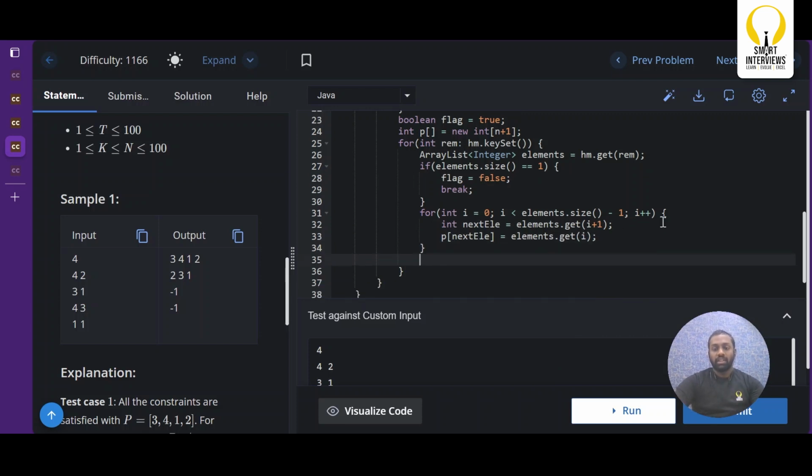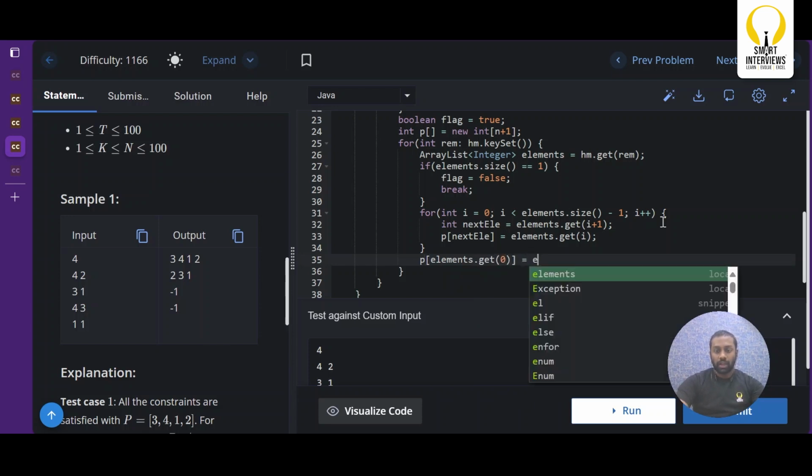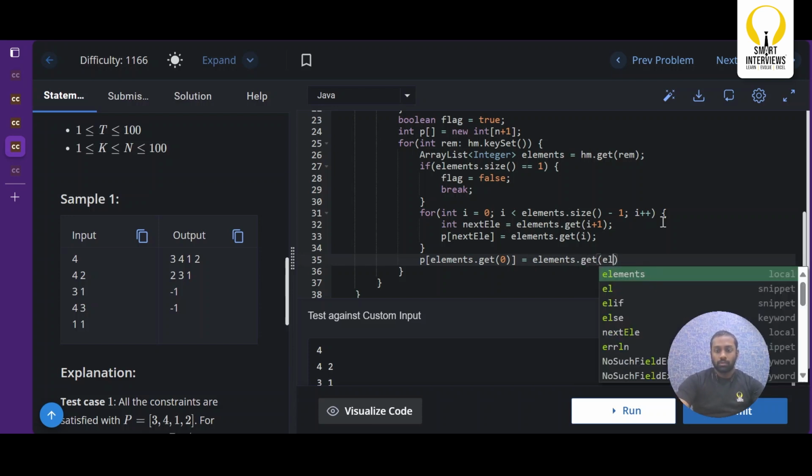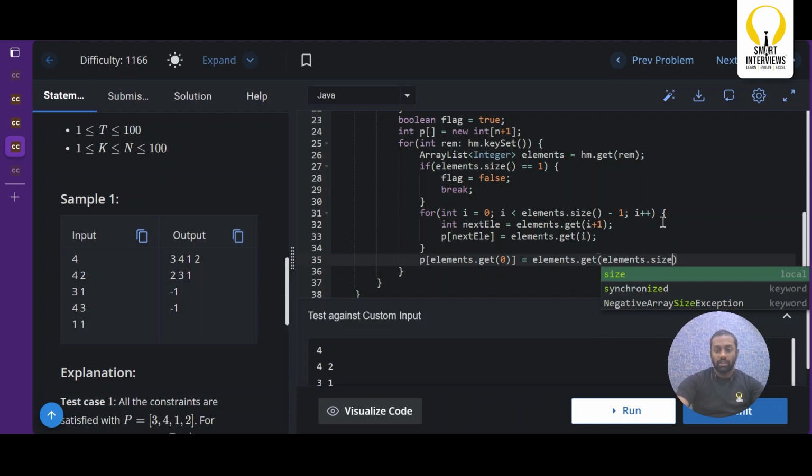And finally, where will the last element go into? At the first element position. So elements dot get of 0 equal to whatever is the last element, that is elements dot get of elements dot size minus 1.